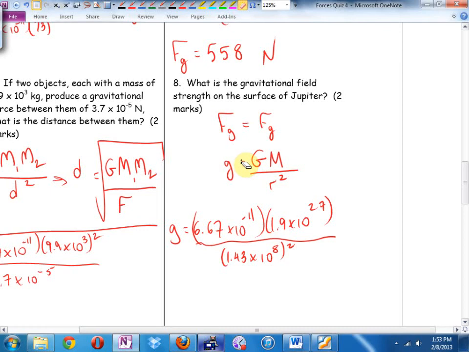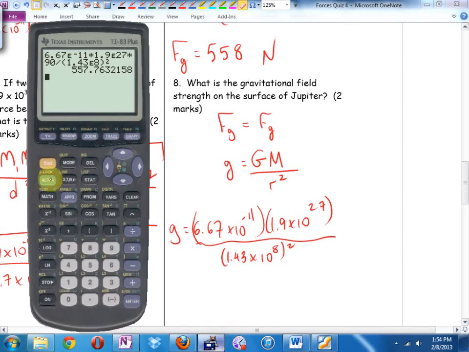You know what? The fact that Jupiter is a gas giant means it's bigger than a planet of equivalent mass, if it was a rocky planet, would be. So you actually end up with a smaller gravitational field on Jupiter because its radius is so huge, because you're so far from the center of the planet. In fact, I'm going to cheat.